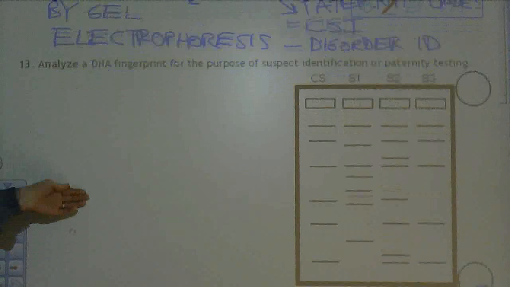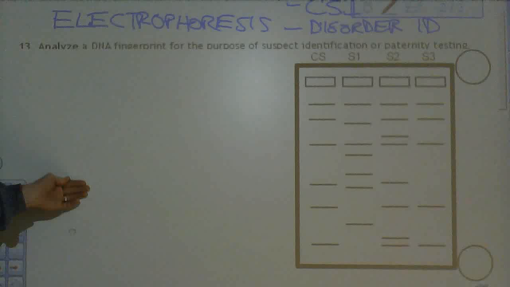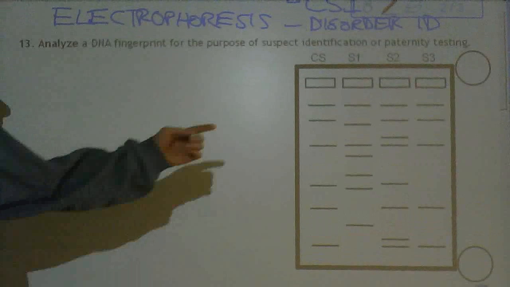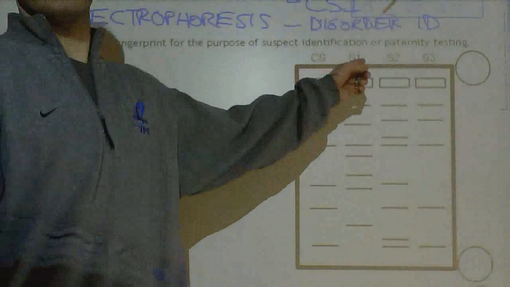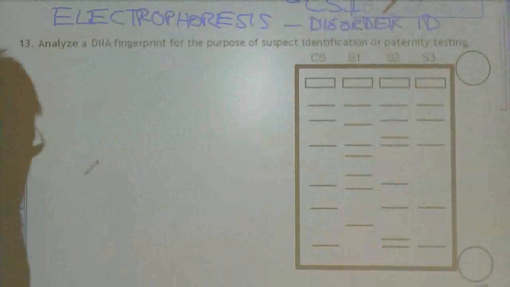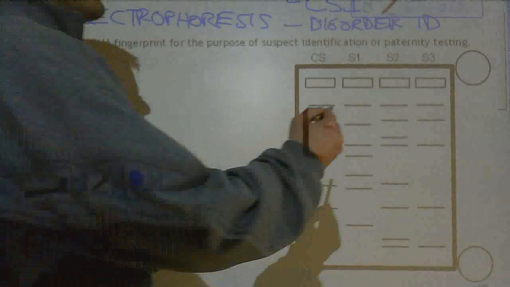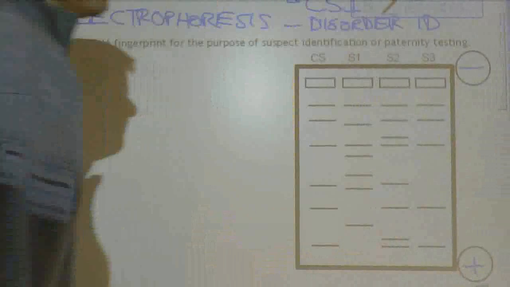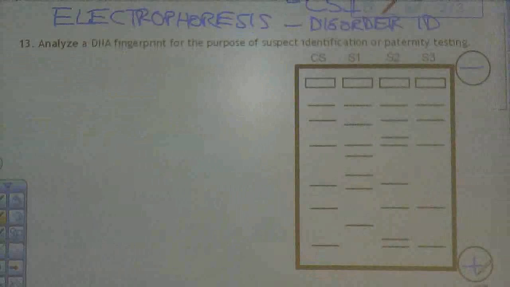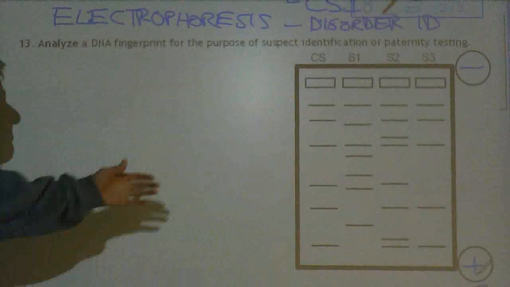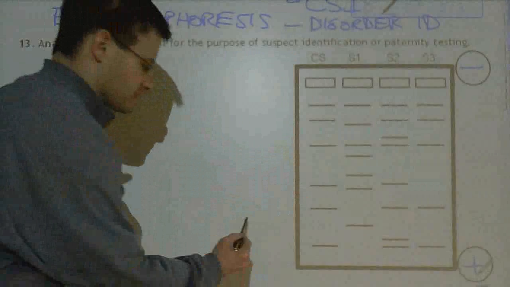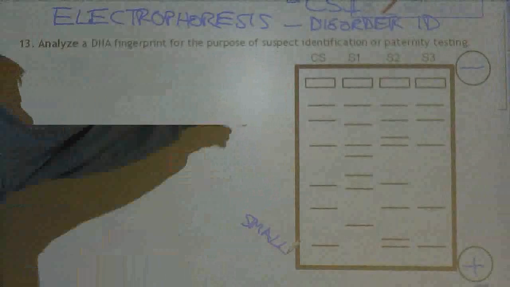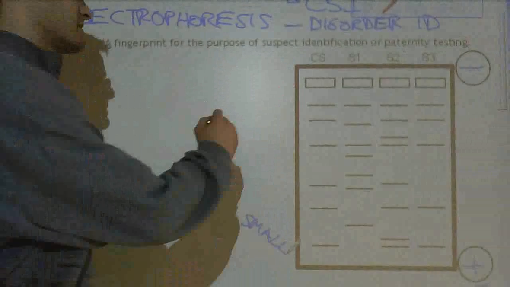Alright, so here we have an example of a DNA fingerprint already done for us. In this example, we're going to say it is crime scene DNA versus suspects 1, 2, and 3. And again, we want to make sure that we talk about how that gel has a charge that's been applied to it to separate these fragments. The smallest ones are furthest from the starting point, the wells.